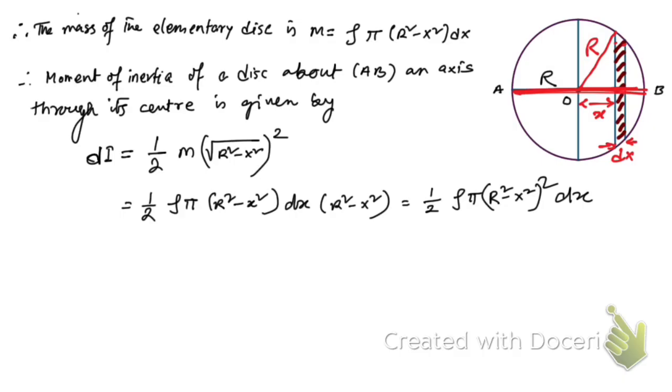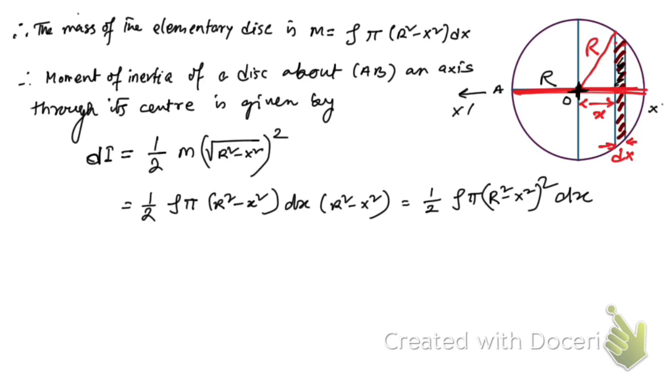Now we need to find the moment of inertia of this whole sphere. We have assumed that it is divided into a large number of such discs, so we have to integrate the moment of inertia of these discs from A to B. If O is the origin, the center of the sphere, then we take this side as negative x-axis and this side as positive x-axis.